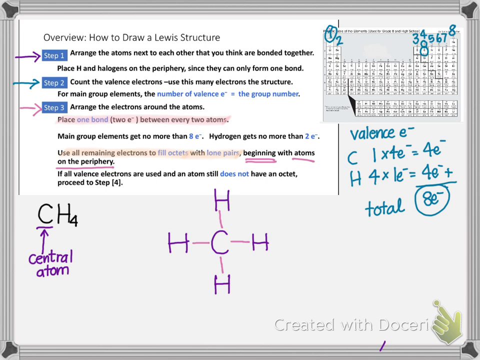And so you always start with the outside, make sure they have 8, and then you deal with the center atom. Now in our class, we're going to be using Lewis structures where the central atom follows the octet. If you follow the outline of how you place the electrons that I am teaching you, when you get to the exceptions in chemistry, this plan leads you right into it.